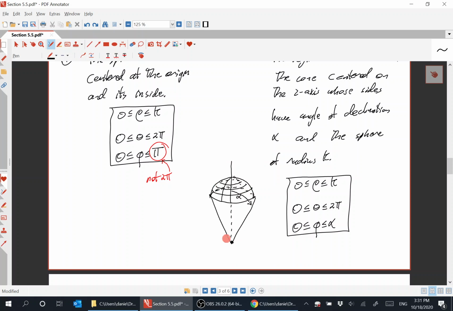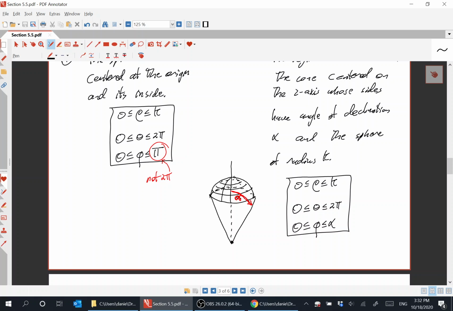So those are just radii of the sphere of radius k. Full rotation in the xy plane, 0 to 2 pi, but then angle of declination is just 0 to alpha. All right, so it's almost just like the whole sphere. It's described very similarly. Okay, but there's just constants used throughout all of this.